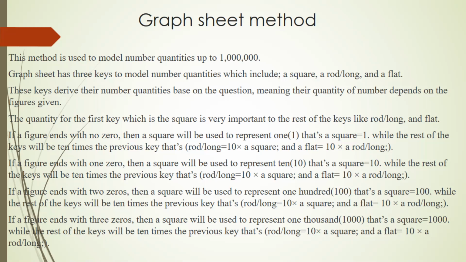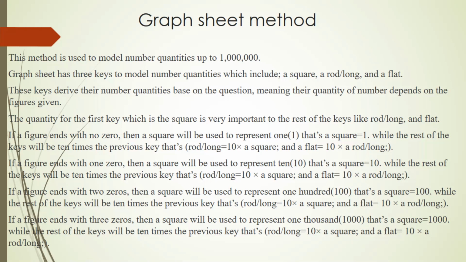The rest of the keys will be 10 times the previous key, that is, a rod will be 10 times a square, and a flat is also equal to 10 times a rod.